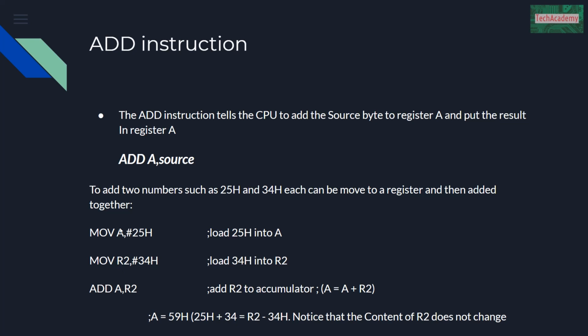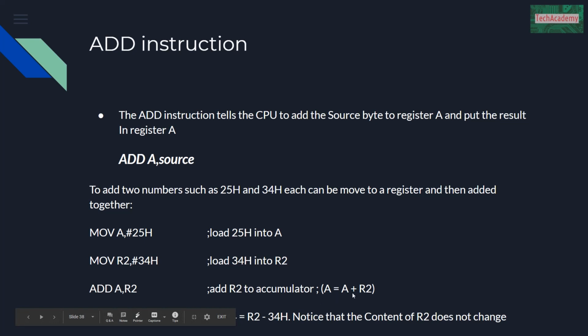The first number is in the accumulator and the second number is in R2, so we can write the instruction as add A comma R2. The number in R2, which is 34H, will get added into the accumulator.